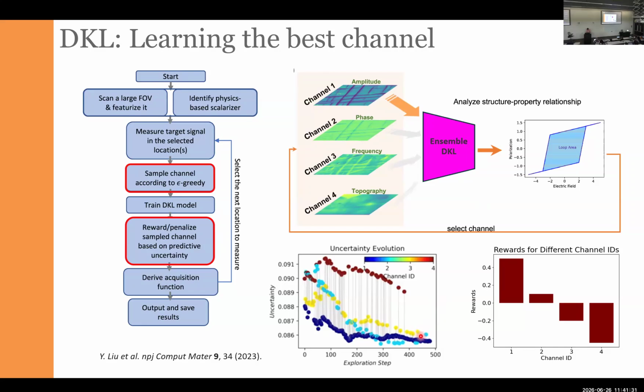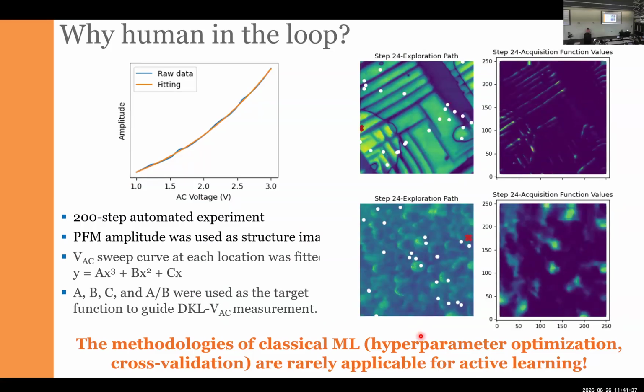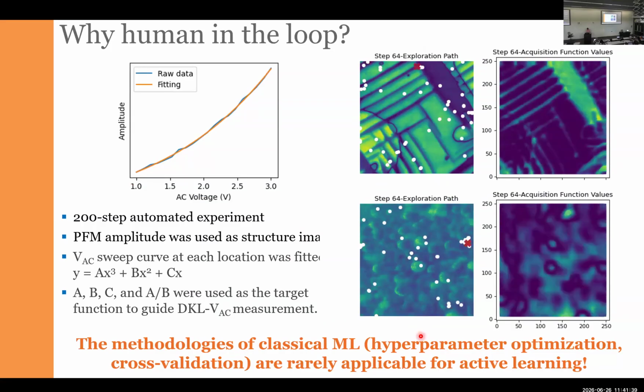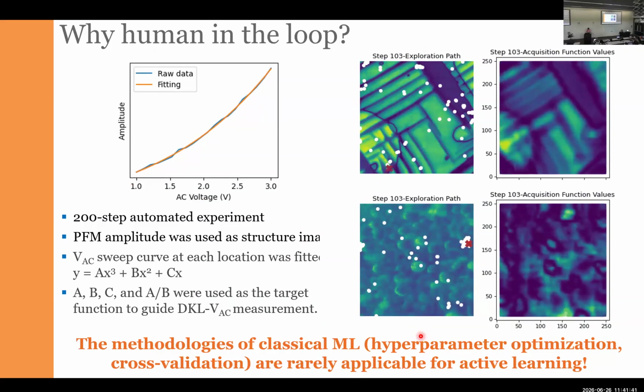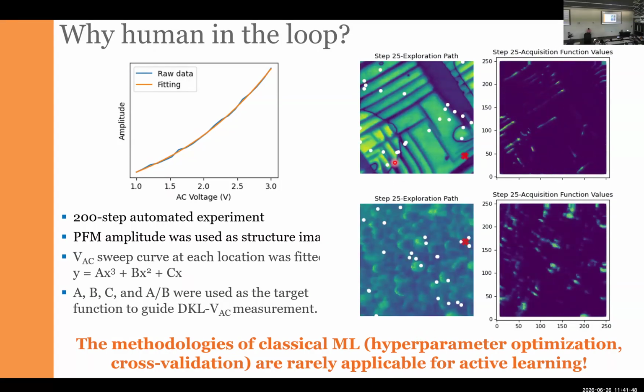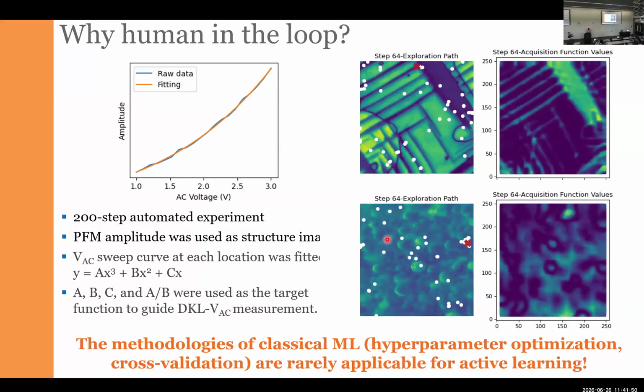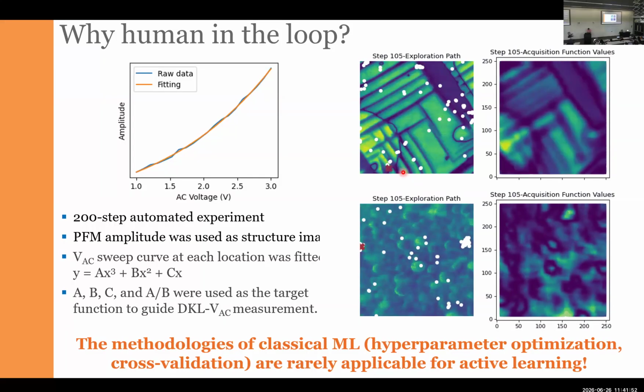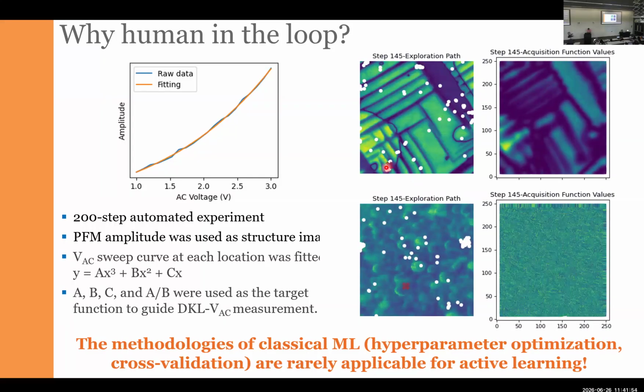That allows us to understand which channel is most predictive of a certain functionality. But again, we have the same type of problem: the experiment sometimes seems like it starts to fail, sometimes it definitely fails, when the algorithm gets stuck in a specific location.